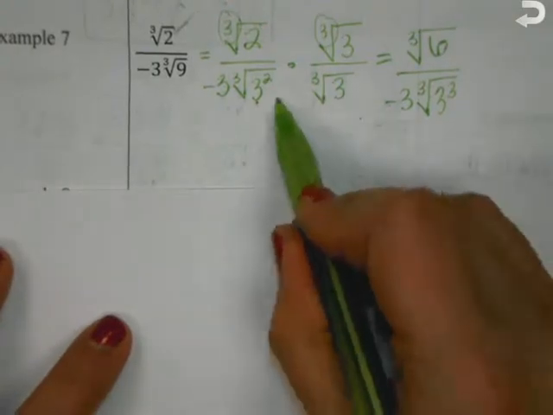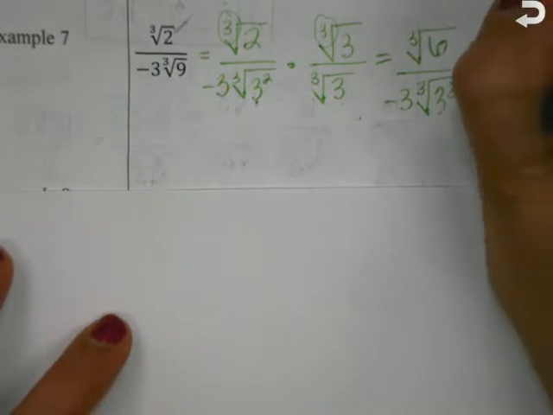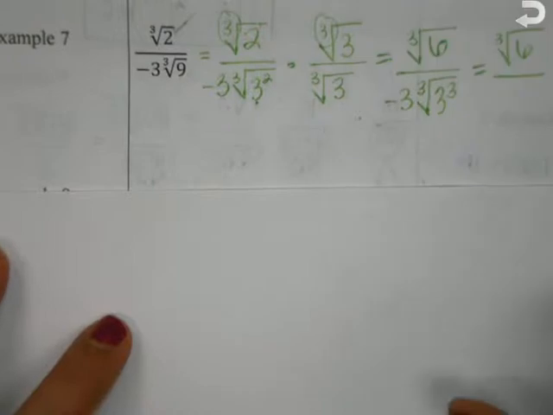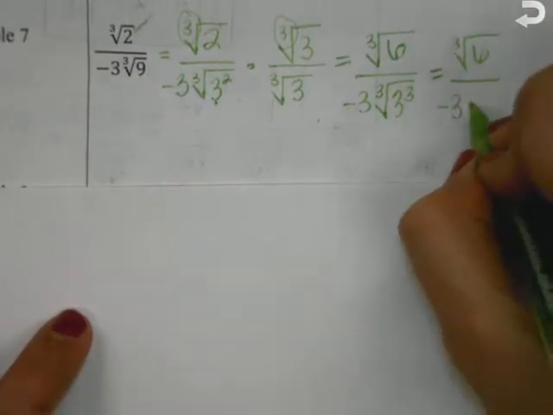So this is the cube root of 6 all over negative 3 times, what's the cube root of 3 cubed? 3. So this is negative 3 times 3.